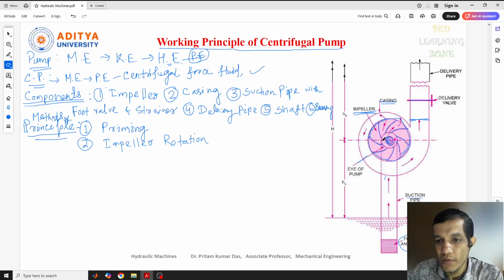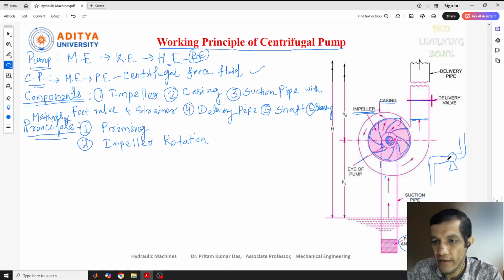The diagram we are seeing here, I will explain the working principle of each component here itself. This is the suction pipe you are seeing here. The suction pipe is connected to this pump, and from here will be the outlet.